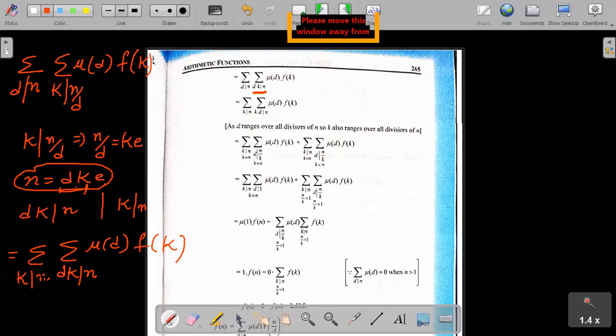Yes, ma'am. अब देखो k divides n, तो अब n के डिवाइसेस कौन से हो सकते हैं?